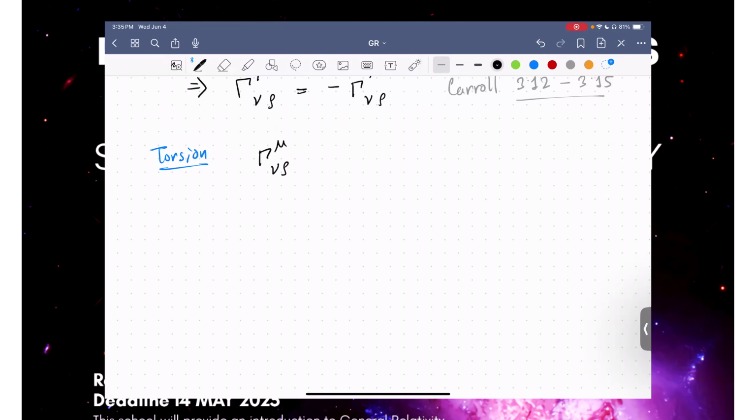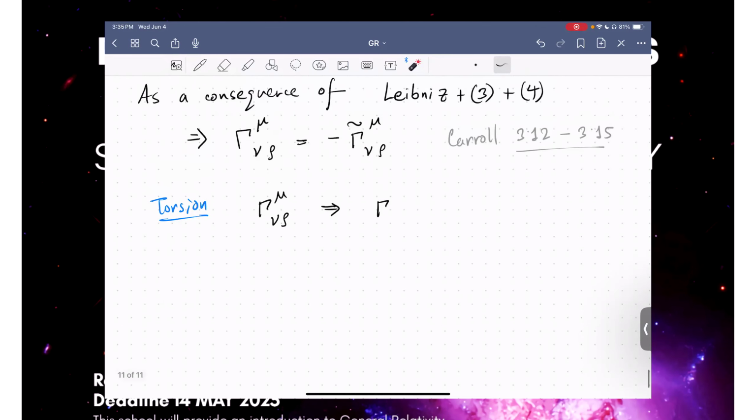So the first observation is this. Suppose gamma mu nu rho is a Christoffel symbol, so it defines the covariant derivative. Also notice that so far we have not said anything about the symmetry property of these indices. They do not necessarily have any symmetry property.